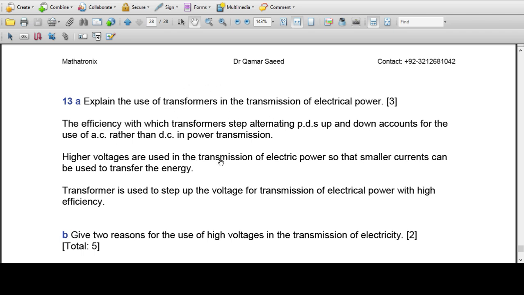High voltage is used in the transmission of electrical power so that a smaller current can be used to transfer the energy. If the voltage is increased, then the current will reduce, and as a result, a smaller conductor size will be used, and the transformer is used to step up the voltage for transmission of electrical power with high efficiency.